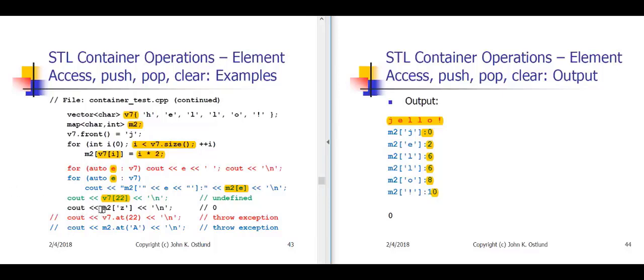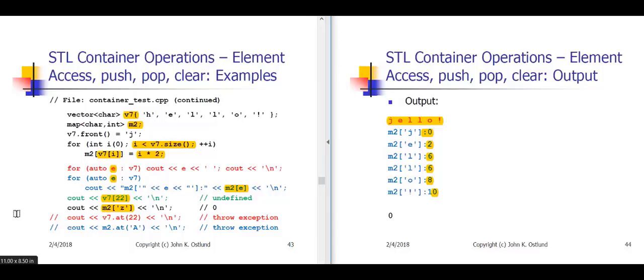On the other hand, if I use a non-existent key in M2, we know that what's going to happen there is that a pair will be created with key of little z and default value of 0.